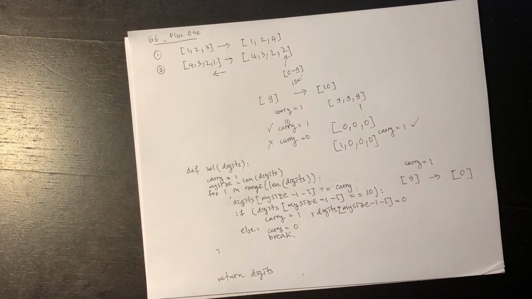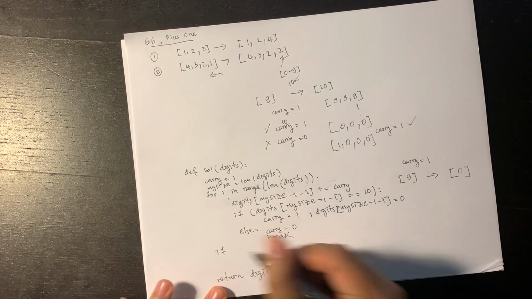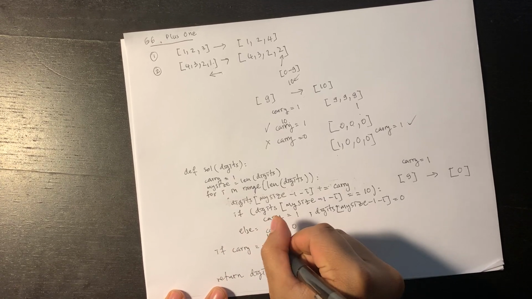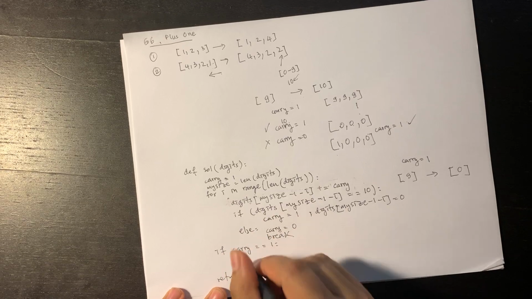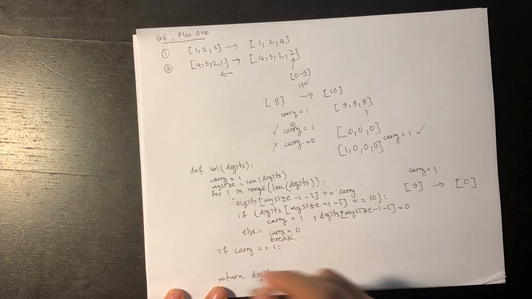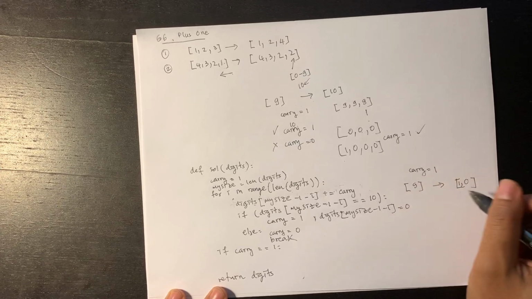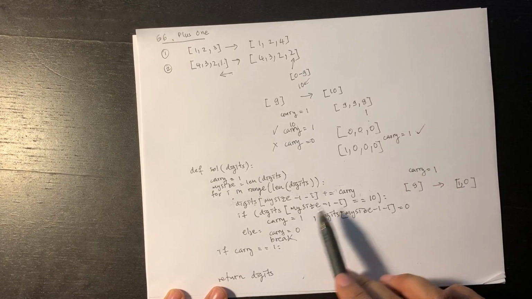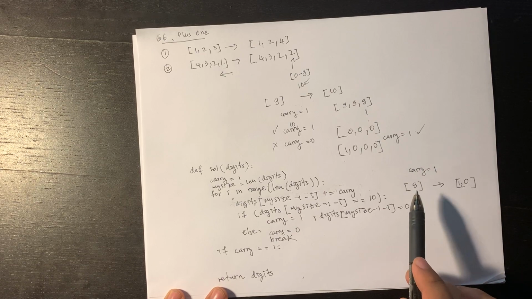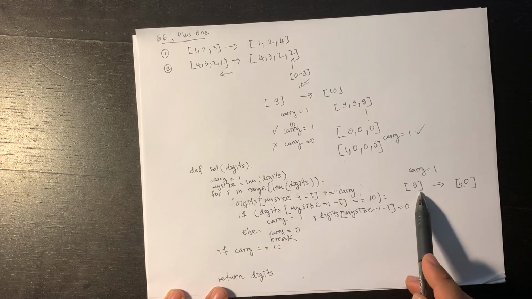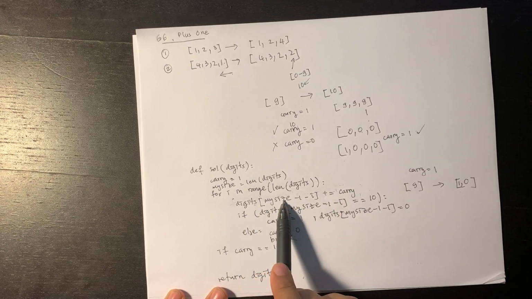And right here we want to check if carry is equal to 1, we want to insert 1 to the front. In this case it will only run one time, so the loop runs just once.